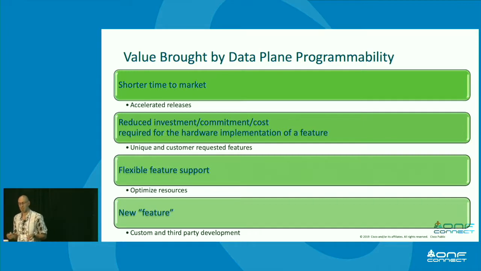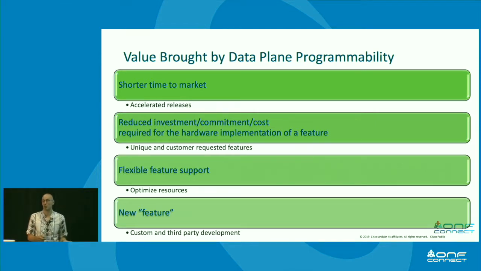Reduced investment, commitment and cost in developing new features, and that's what enables a vendor to implement unique features, possibly proprietary features developed by the vendors, or customer requested features, even if it's not a huge market interested in that feature, but a set of important customers.